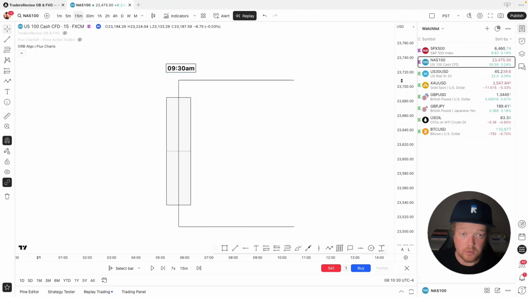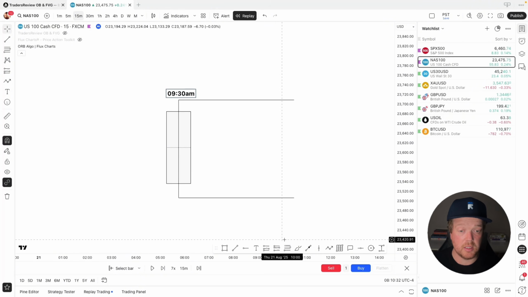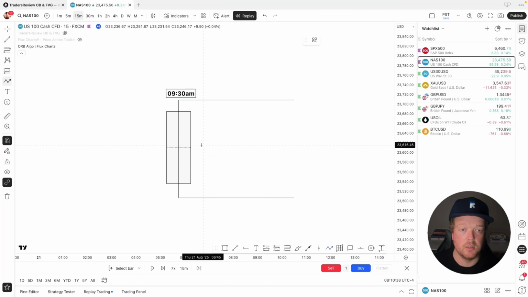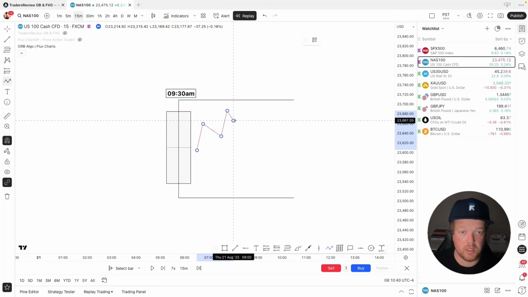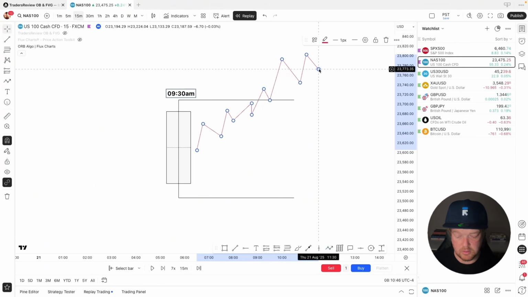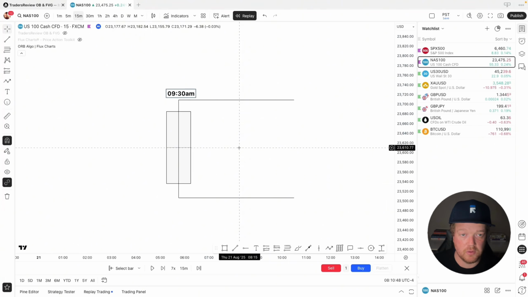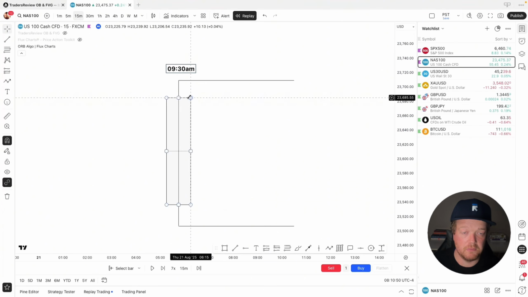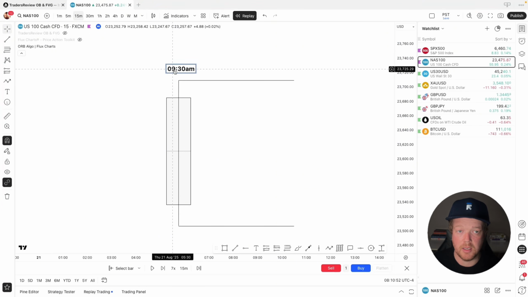That's why I said it's an opening range breakout or opening reversal breakout, because we're not going to follow the normal rules where we get a breakout, retest, and continuation to the upside or downside. We want a reversal. So let's go straight to the charts and look at some examples.